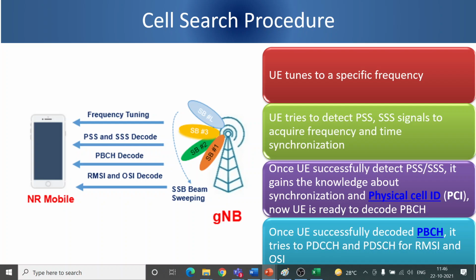Once this PBCH is there, your UE is able to decode the downlink control channel and also the shared data channel where data traffic actually flows, the PDSCH, physical downlink shared channel. When I say shared channel, the actual data takes place on it, where it gets the RMSI and OSI which I talked about.